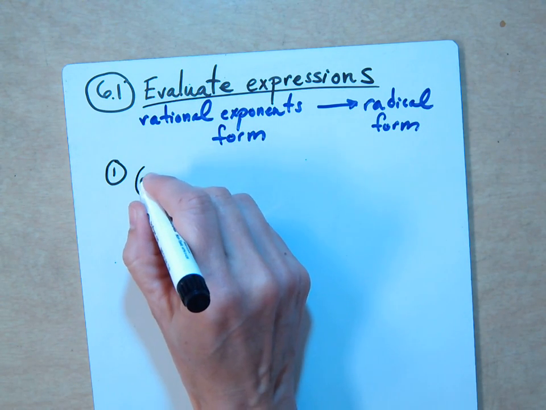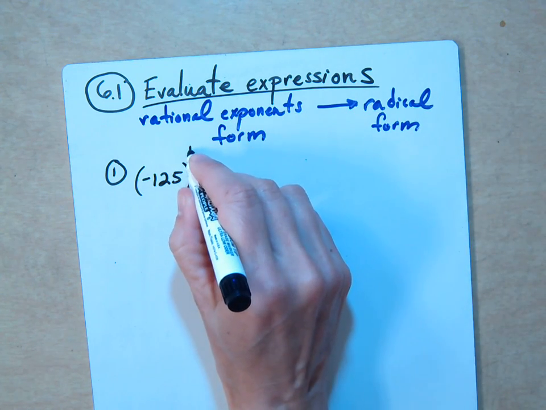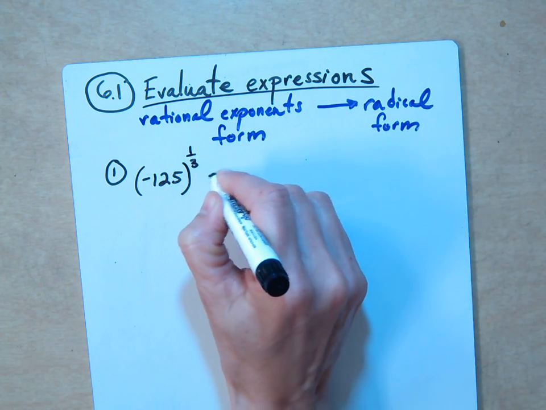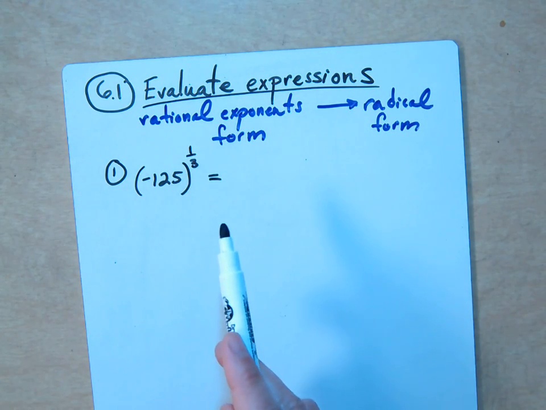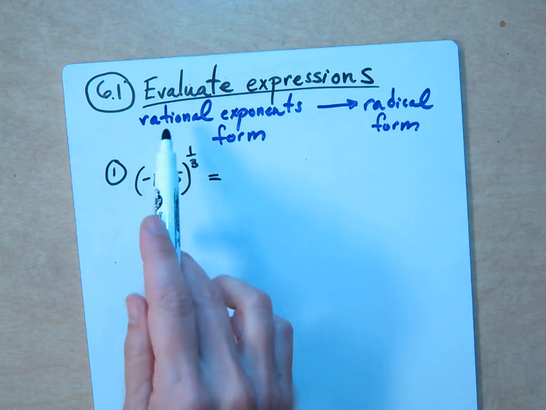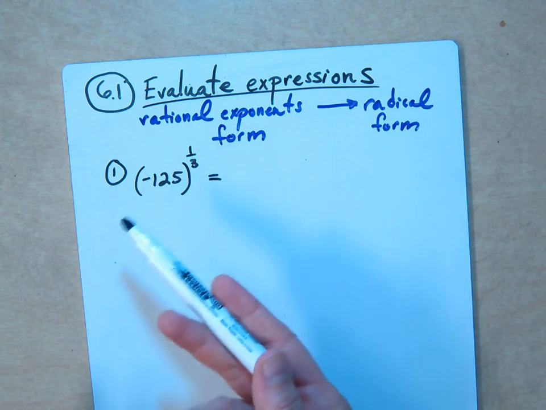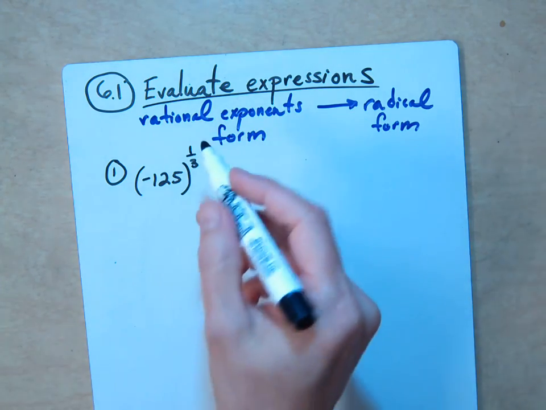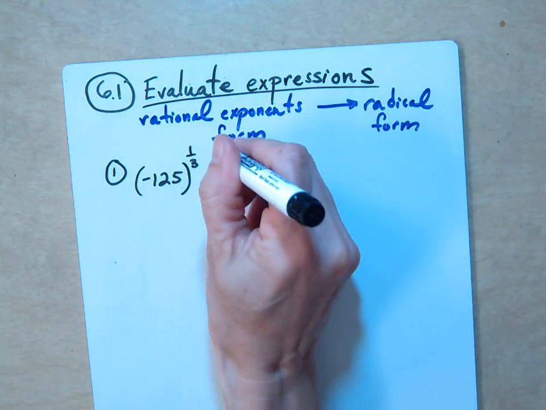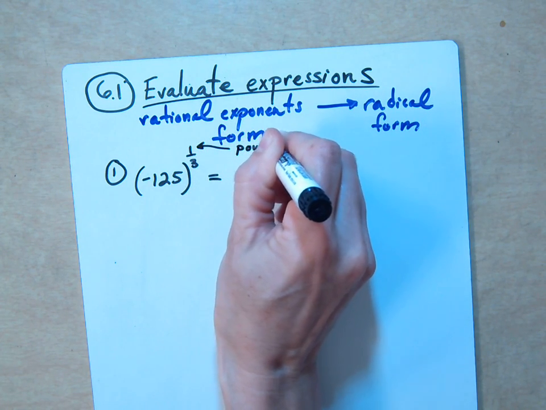For example, if I have negative 125 to the 1/3 power, that's a rational exponent, because rational is ratio, which means a fraction, and the exponent is a fraction. It doesn't have much meaning until we convert it into radical form. The power is the number on top. This is raised to the first power, which doesn't change anything.